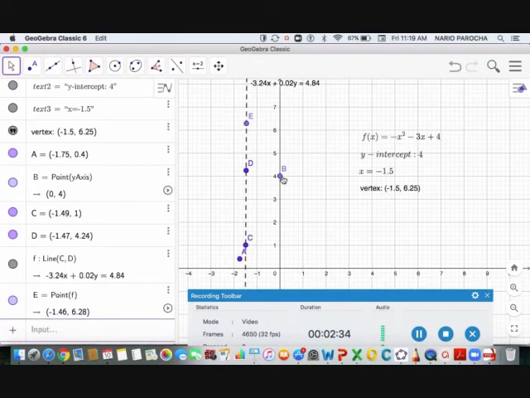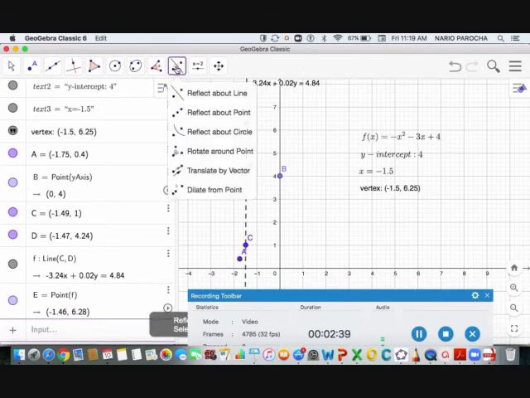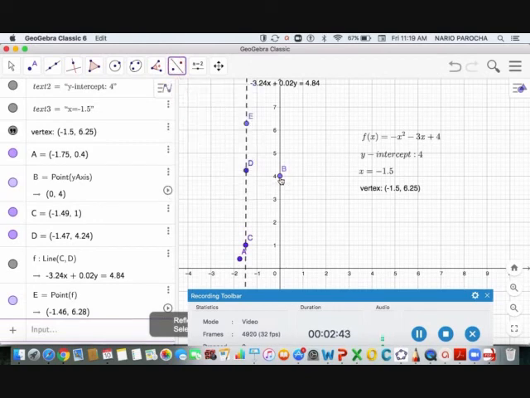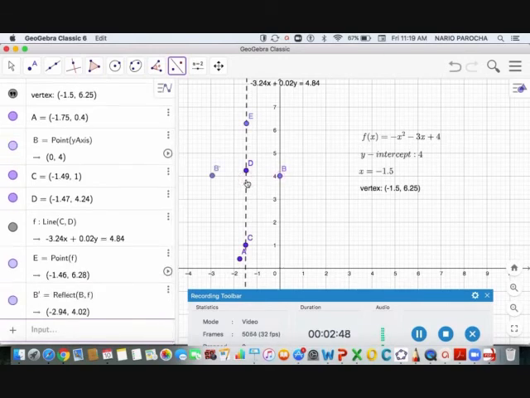So this point must be reflected on this side. For that we're going to make use of this tool. You just click a point, then the line, there's the reflection. So now we have 3 points. With those 3 we could now sketch the graph of a parabola.